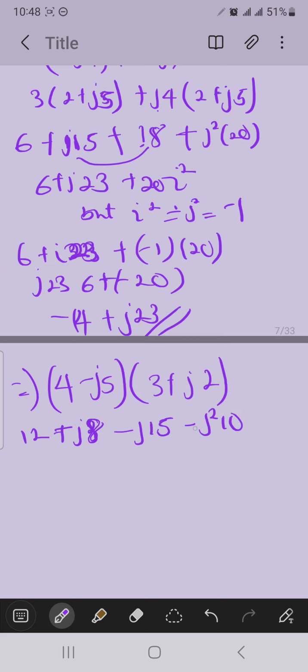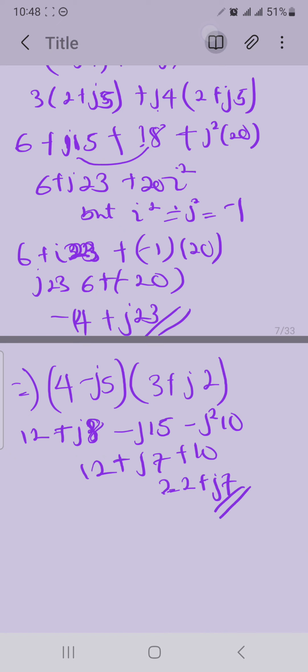So j square is minus 1 times this is going to be plus 10. Plus j8 minus this is going to be 7, plus 12. 12 plus this is going to be 22 plus i7. So that's the answer.